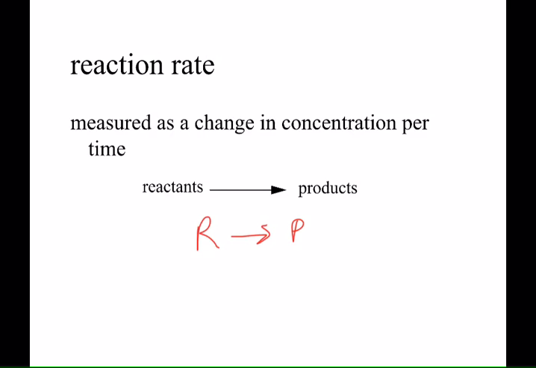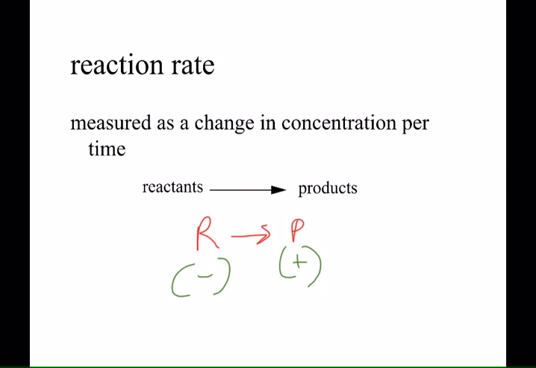Well, basically we could do two different things. We could look at the product, I'll put a plus mark over here, building up, okay? We could say, well, P, I can see that we get 1 mole per liter of product, or 2 moles of product per liter in this amount of time, okay? We could look at the product forming, or quite frankly, we could look at the reactant going away.